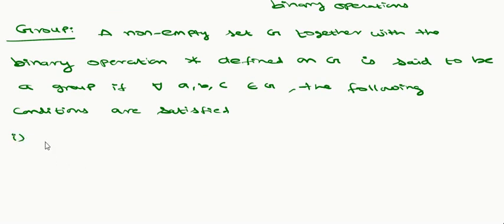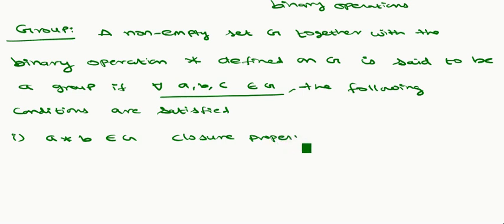The first condition: for every A, B in G, we have A star B in G. This property we call the closure property. If for every A, B in G we have A star B in G, then we say that G is closed under the operation star.